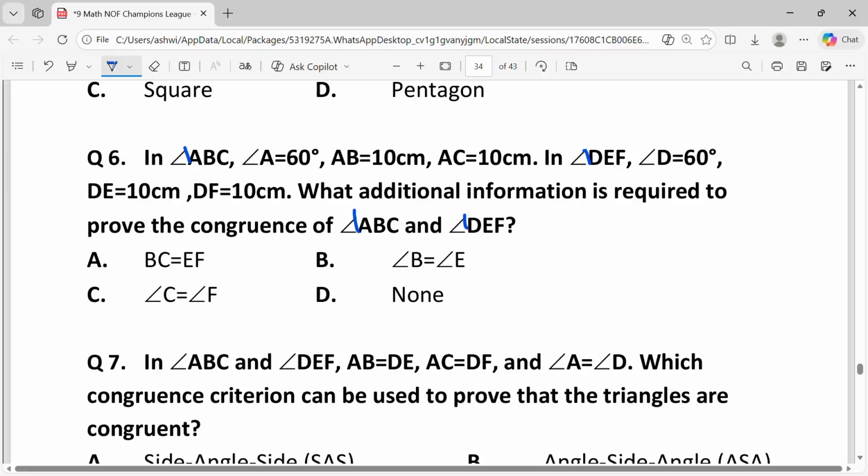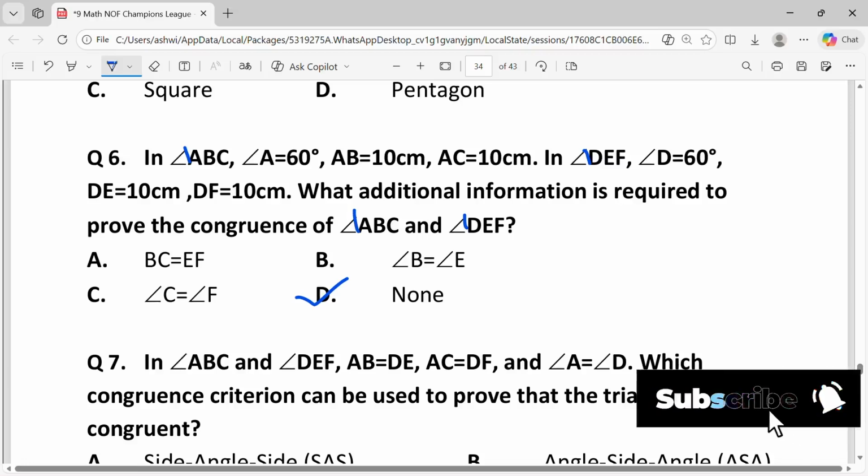Answer is D, none. The given information for both triangles is two sides and the included angle. According to the side angle side congruence criteria, if two sides and the included angle of one triangle are equal to the two sides and the included angle of another triangle, then the two triangles are congruent. Therefore, no additional information is required.